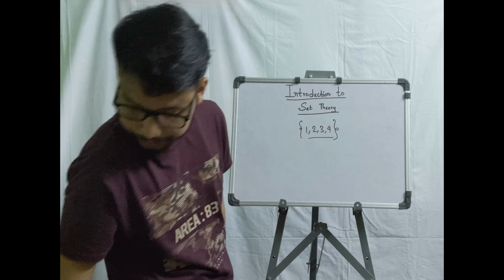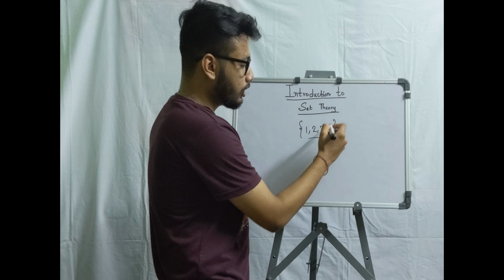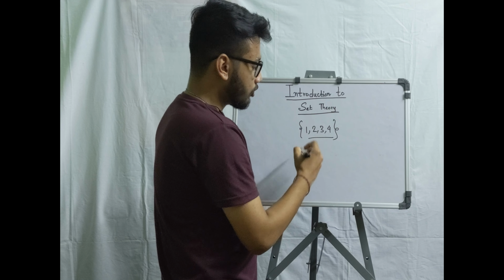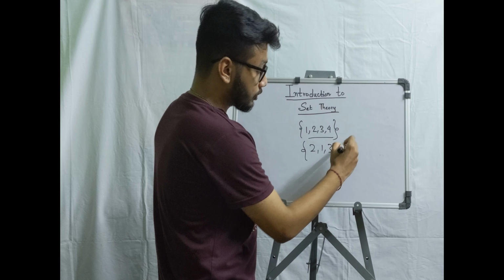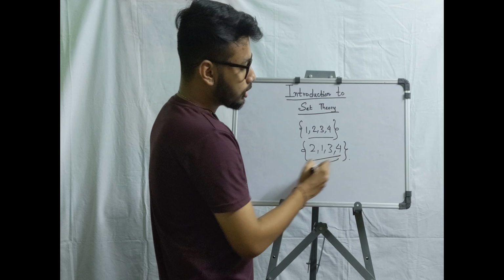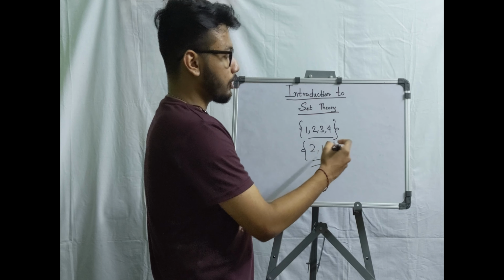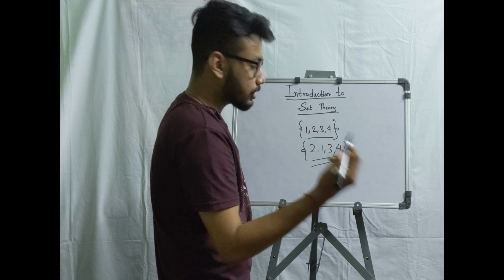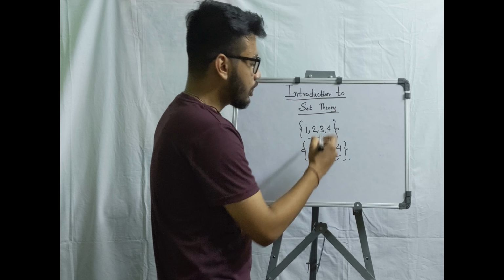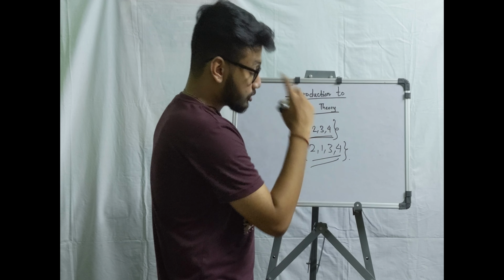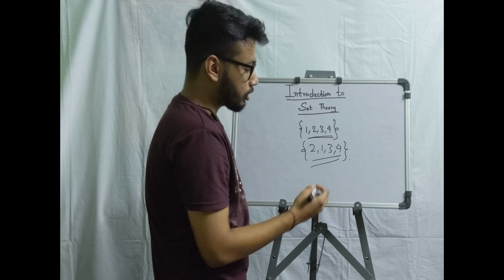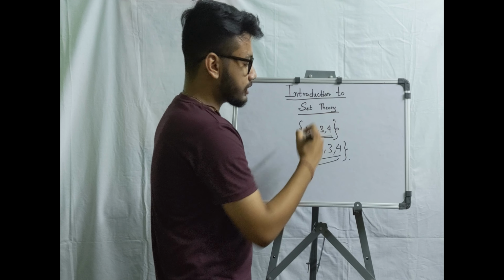For example, this 1 2 3 4 is a group of objects. Now if I write 2 1 3 and 4, this is also a group of objects. In this case, the object is nothing but a number. You can see here that this is properly ordered, in ascending order.